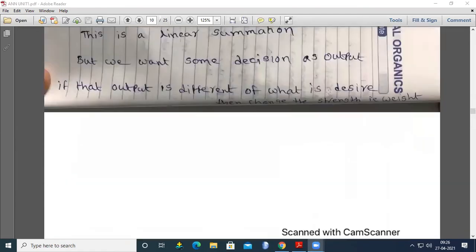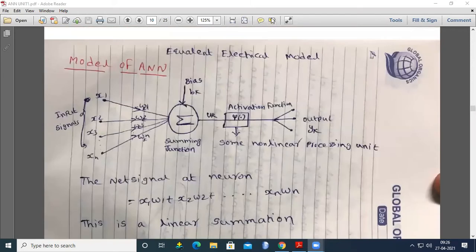So these are the input lines. This is the summation function, and this is the activation function. These three parts are very important in the ANN model. These are the input signals, for example x1, multiplied with some weight w1. This returns some summing function, we call that uk.